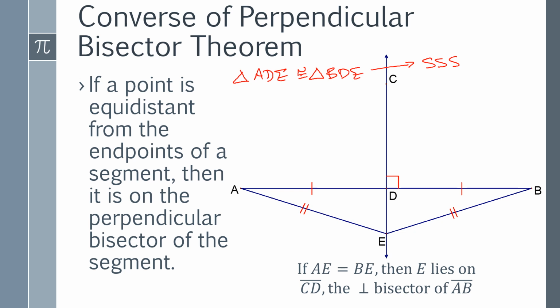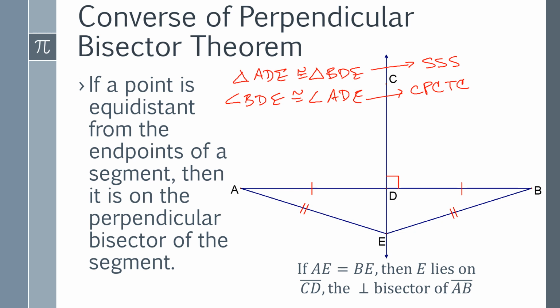And then we can see that this goes through this midpoint, but how do we know it's a perpendicular bisector? Well, we would say that angle BDE is congruent to angle ADE, and that's by corresponding parts of congruent triangles are congruent.